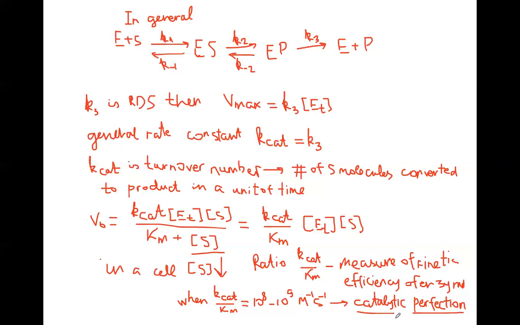The moment they feel the substrate is close, they find a way to bring it into their active site. It's amazing. It's almost like the enzymes are living creatures who found a way to grab the substrate with their hands and bring it to their active site. Is that done by a conformational change in the protein to move the active site, or does it just grab it and then pull it to the active site?